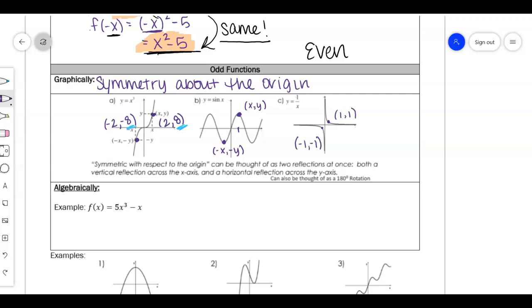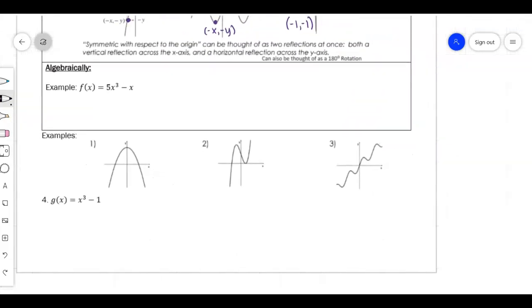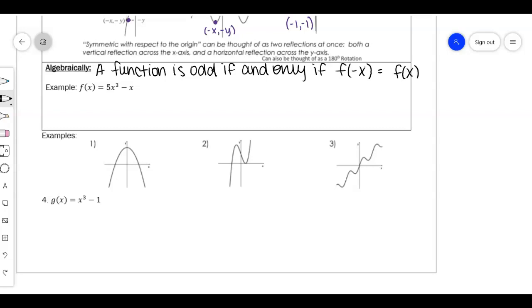So algebraically, we would say that a function is odd if and only if you plug a negative x into the function, it gives you the same exact output back, but opposite.